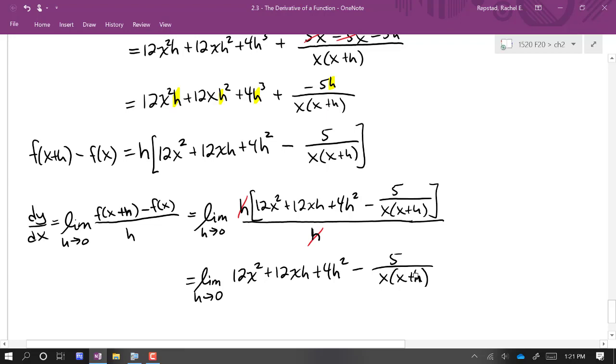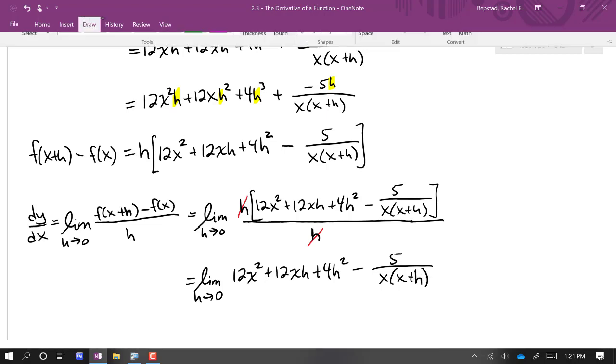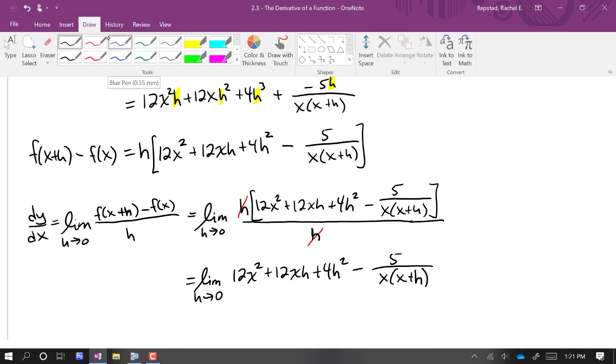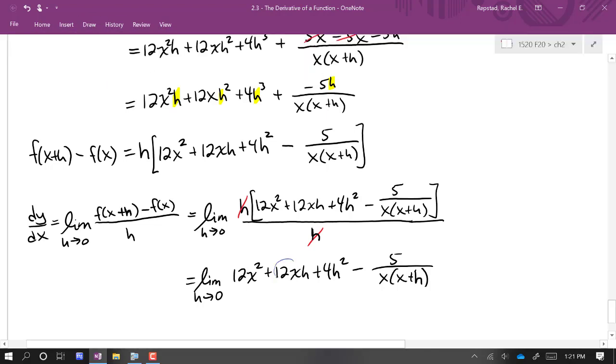Okay, so as h approaches 0, any term with a factor of h will approach 0. The 12xh goes to 0. The 4h squared goes to 0. And this h by itself goes to 0. So as h approaches 0, x plus h approaches x.